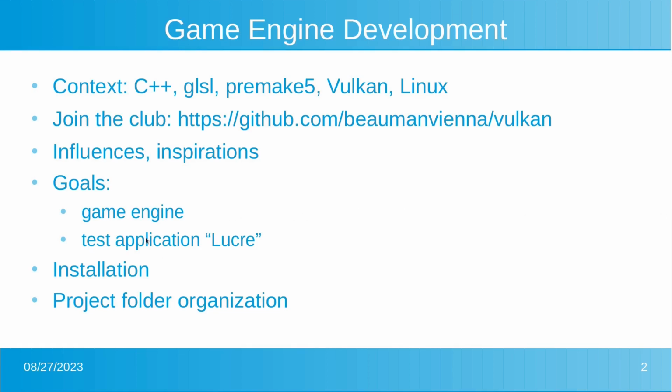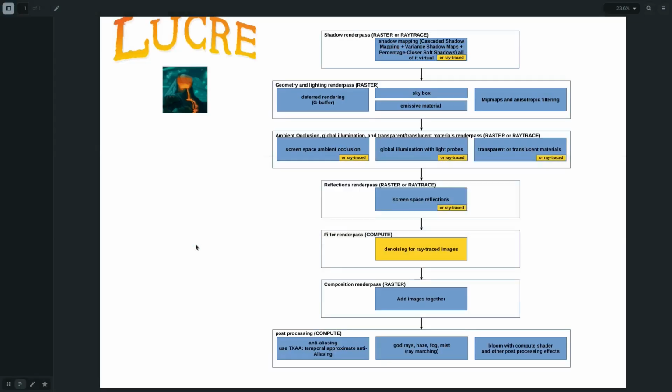What are the goals for the engine? And what are the goals for the application? For the engine, in general, a goal is to have a really good looking and fast renderer. So I have a little overview here. Some of these items are implemented already, some are still missing, such as emissive materials, global illumination, ambient occlusion, reflections, anti-aliasing, god rays, and bloom.